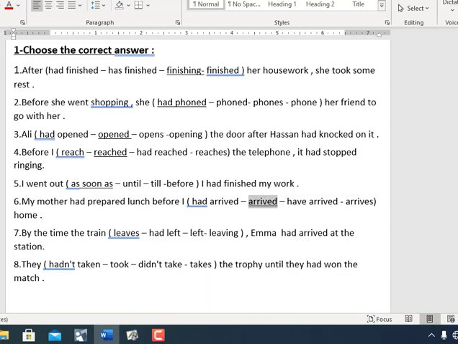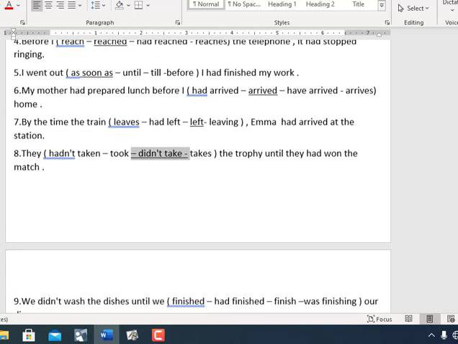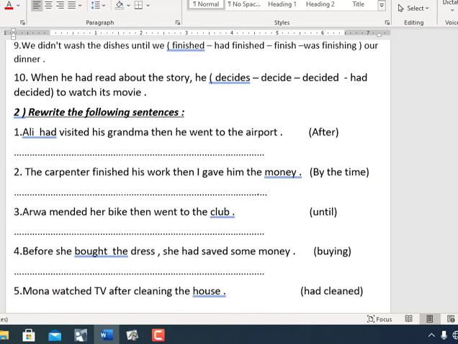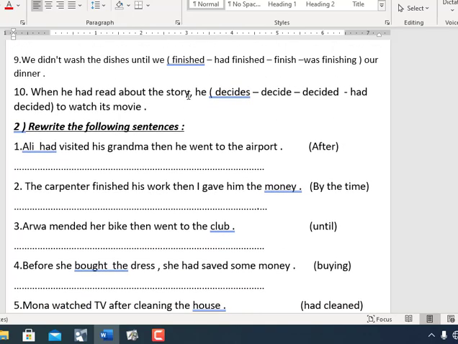Here we have arrived. By the time the train is space, Emma had arrived. So here we have the second action, by the time the train left. They spaced the trophy until they, here we have until, so we have to put the negative past simple. They didn't take the trophy, didn't take. Okay, let's go to number 9. We didn't wash the dishes until we, after until, the first action, until we had finished.